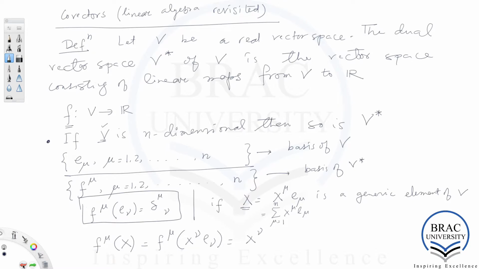Well, I don't want to skip any step. This is f mu e mu, then you have x mu delta mu nu, and you are just left with x mu. So we get f mu acting on this generic vector of the vector space V to be simply x mu, which is the mu-th component of the underlying vector x of the vector space V. Okay, good.